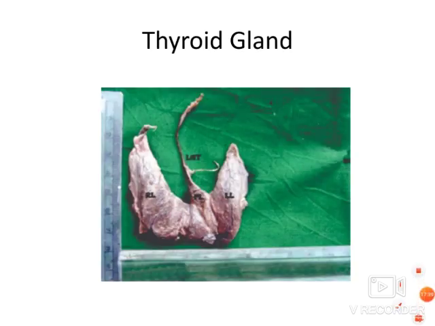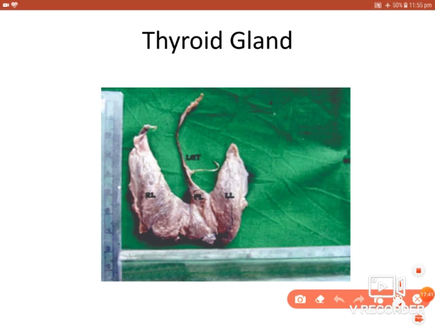Here we are seeing the thyroid gland. See, this is the right lobe, this one is the left lobe, this is the anterior view, this part is the isthmus. Here you can see the pyramidal lobe, with the levator glandulae thyroideae. See, this is the apex of the lobe, this one is the base, this forms the anterior border.